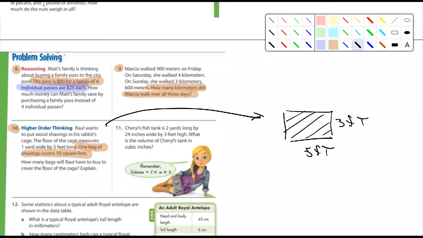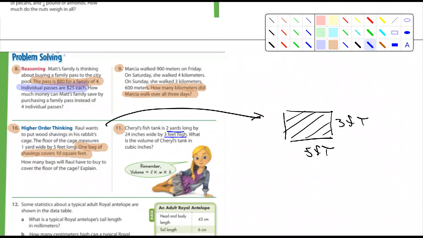All right. Number 11. Cheryl's fish tank is 2 yards long by 24 inches wide by 3 feet high. What is the volume of Cheryl's tank in cubic inches? Definitely do number 11. Now, you need to convert the yards to inches. 24 inches is already converted for you, and then the 3 feet to inches.